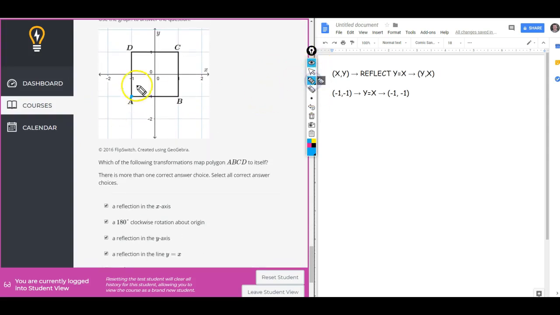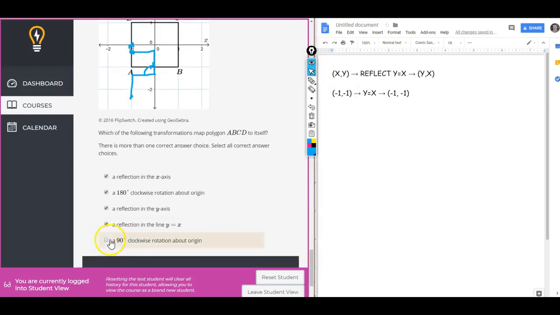Okay, a 90-degree clockwise turn. So it's back 1 and to the left. So 90 degrees would end up having it be right here. So yes, A does end up being back on this square, and so that does map it back onto itself.